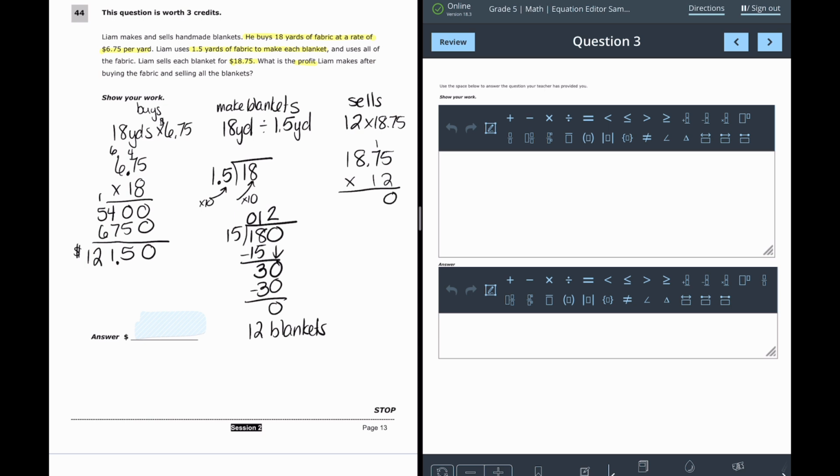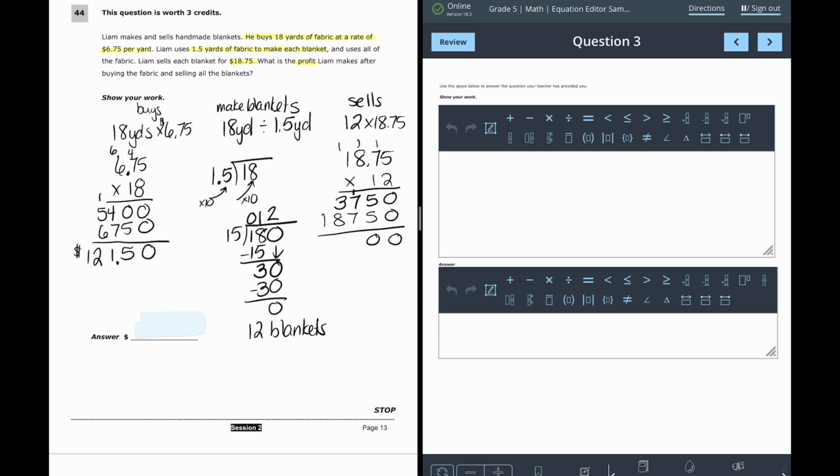Now I'm just doing the multiplying for this part. 7 times 2 is 14, plus 1 is 15. 8 times 2 is 16, plus 1 is 17. 2 times 1 is 2, plus 1 is 3. Luckily I'm multiplying by 1 again, so 5, 7, 8, and 1.